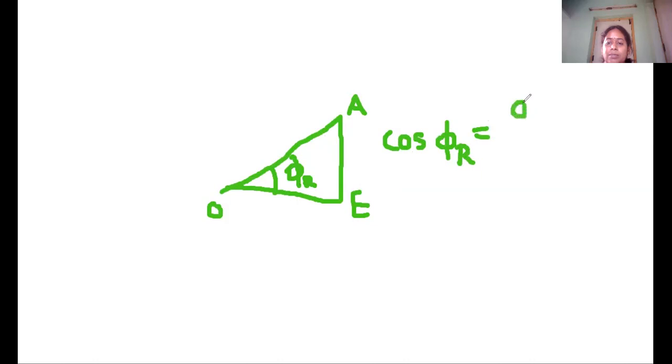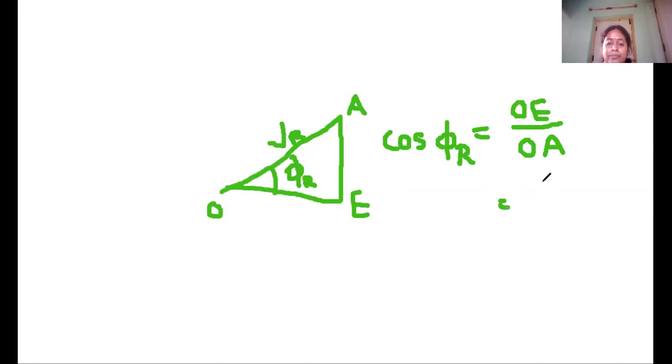That is nothing but OE by hypotenuse OA. We know OA is nothing but Vr, the receiving end voltage. Vr is represented by the line OA.